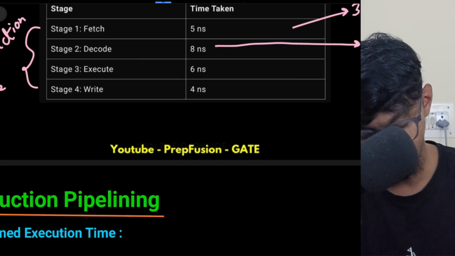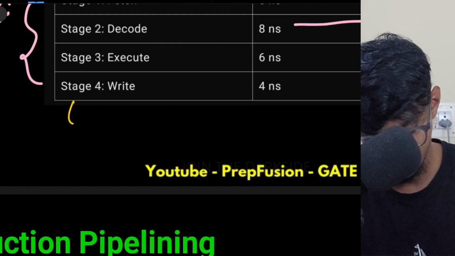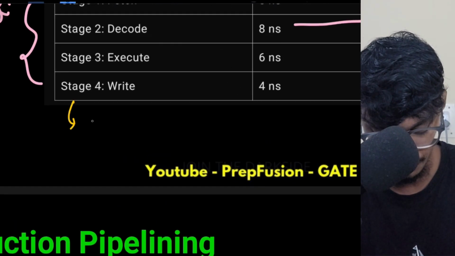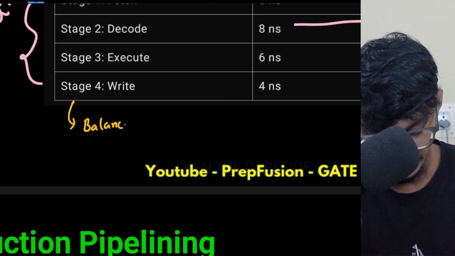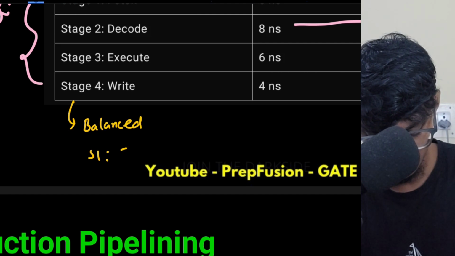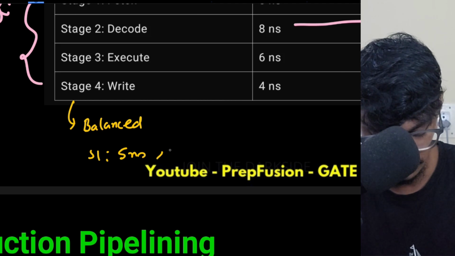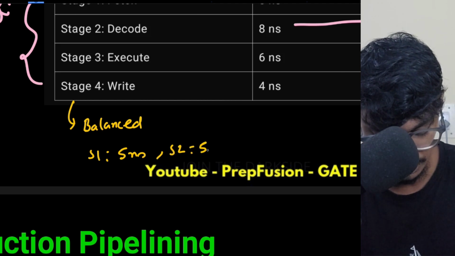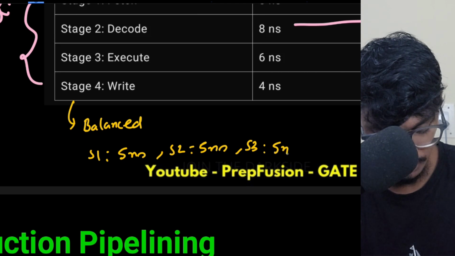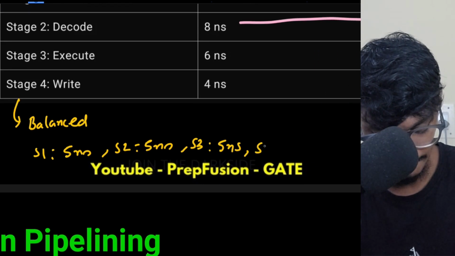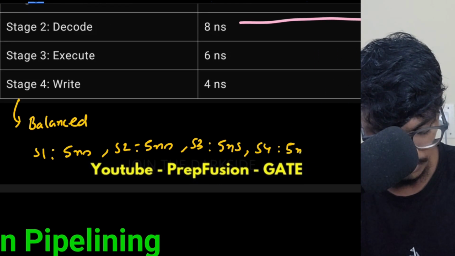If I want to convert this into a balanced pipeline system, then my stage 1, S1, will be 5 nanoseconds, just an assumption. Stage 2 is 5 nanoseconds, stage 3 is 5 nanoseconds, and stage 4 is also 5 nanoseconds.